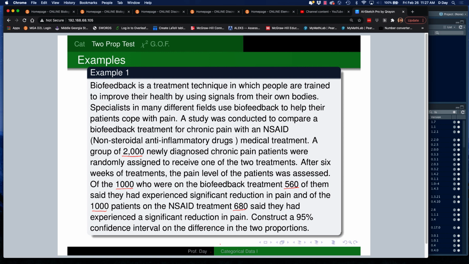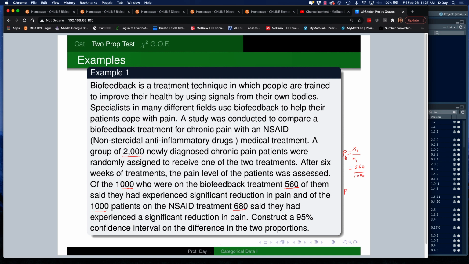So what should we pull from this? What's important to us? Well, we know the biofeedback treatment. We could call that P sub B, so we know it's biofeedback. We'll just call it P1, X1 over N1, in this case 560 is our X1 and 1000 is our N1.